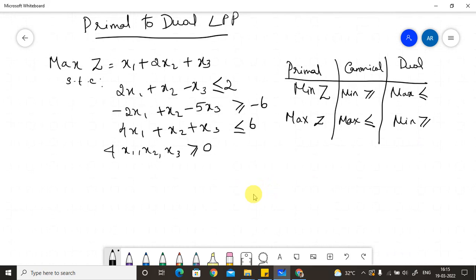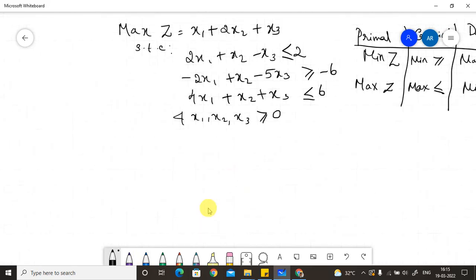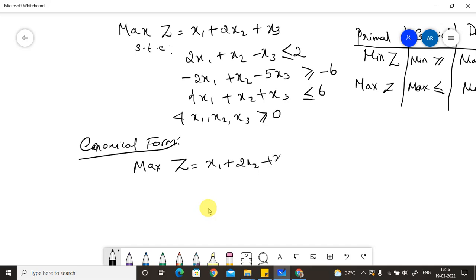As I already told you, the canonical form for the given problem, a maximization, will remain as it is. So I'll write max z equals x1 plus 2 x2 plus x3, the objective function, which is the same.